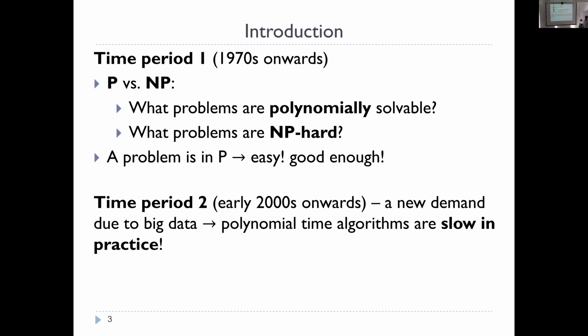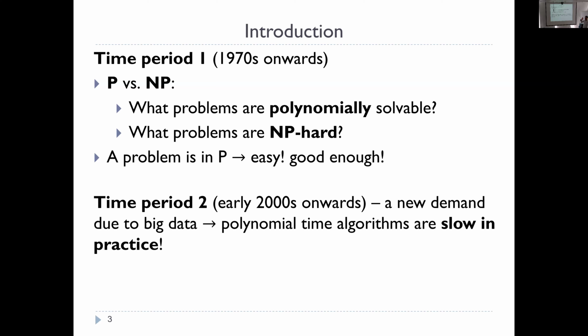The second time period, starting around the 2000s, has a new demand because inputs become increasingly bigger. So the area of big data. Now, just polynomial time, maybe not good enough, right?